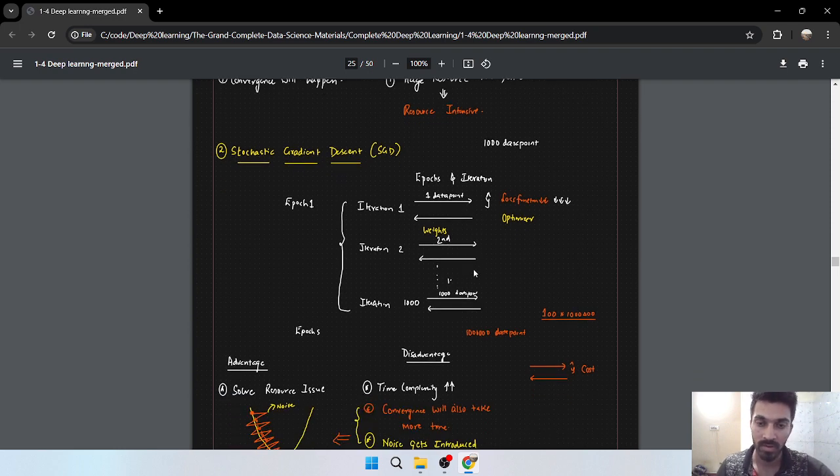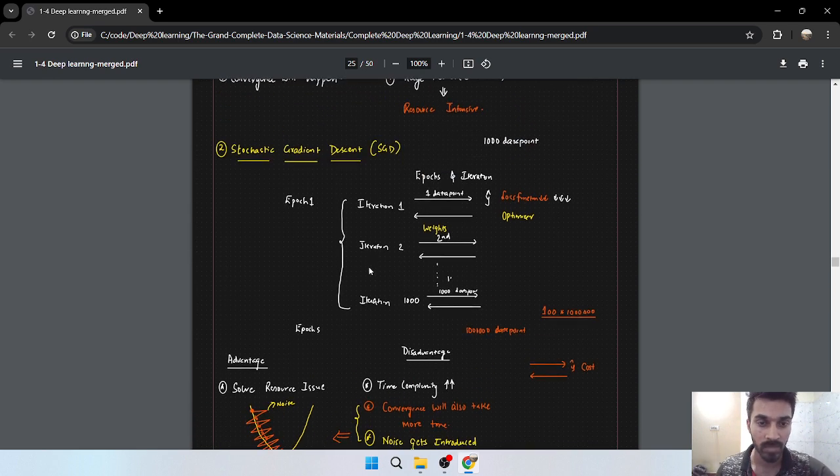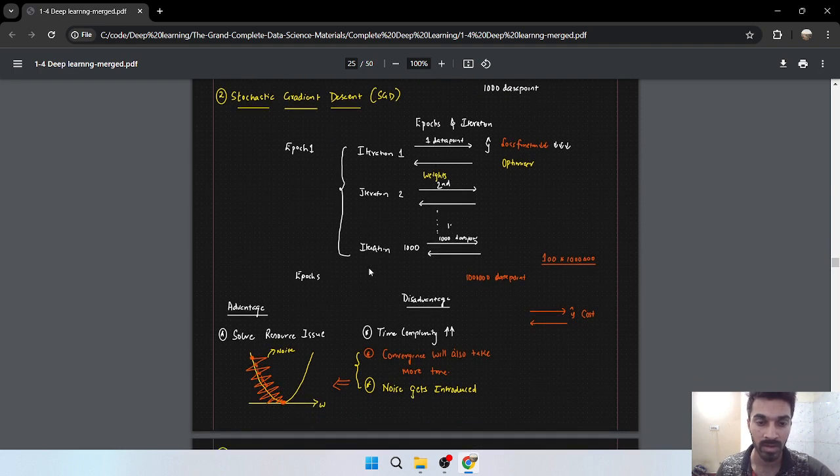Researchers found that convergence will happen, but it will take huge time. Suppose you are training 100 epochs and your data set has a million records, then it will take 100 million iterations.